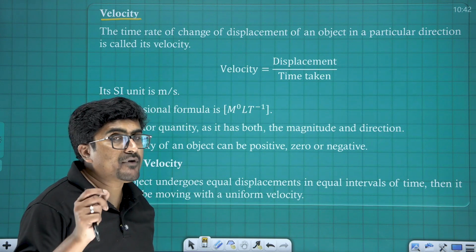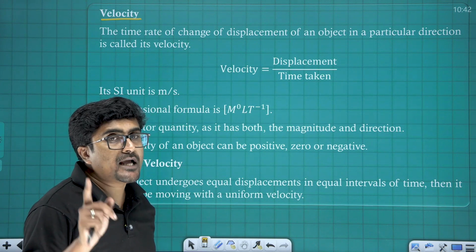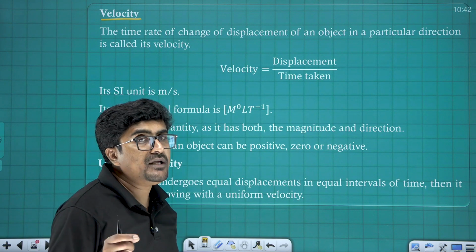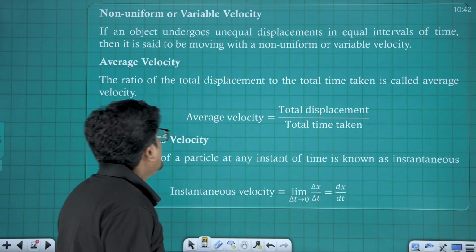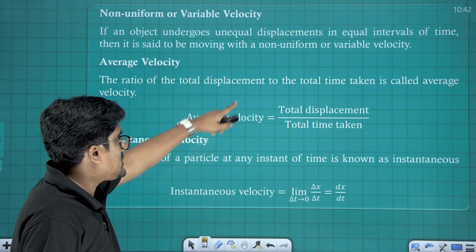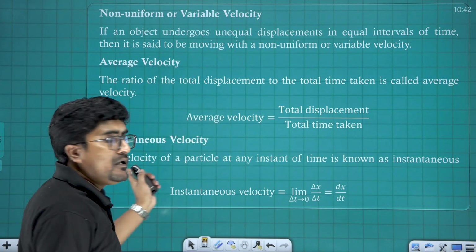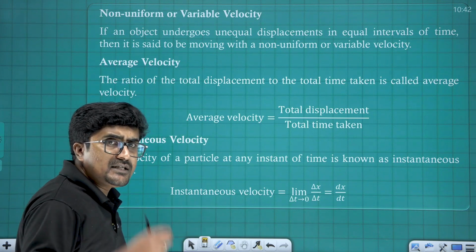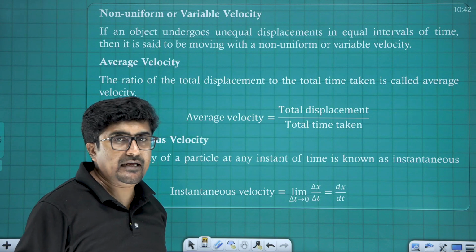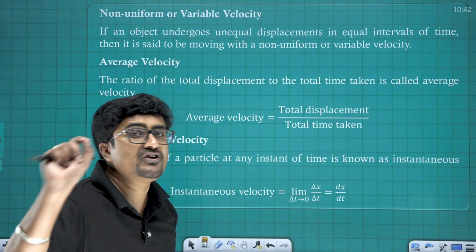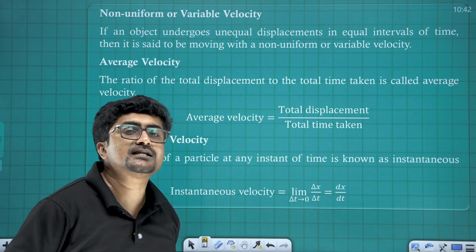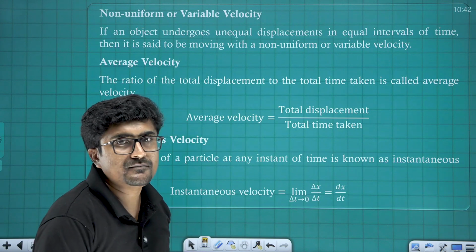But for average speed, I repeat, distance can never be 0 for a body in motion, so average speed can never be 0. The same relation: average velocity is total displacement upon total time taken. Instantaneous velocity is instantaneous speed mentioned along with direction. I repeat, instantaneous speed mentioned along with direction is instantaneous velocity.